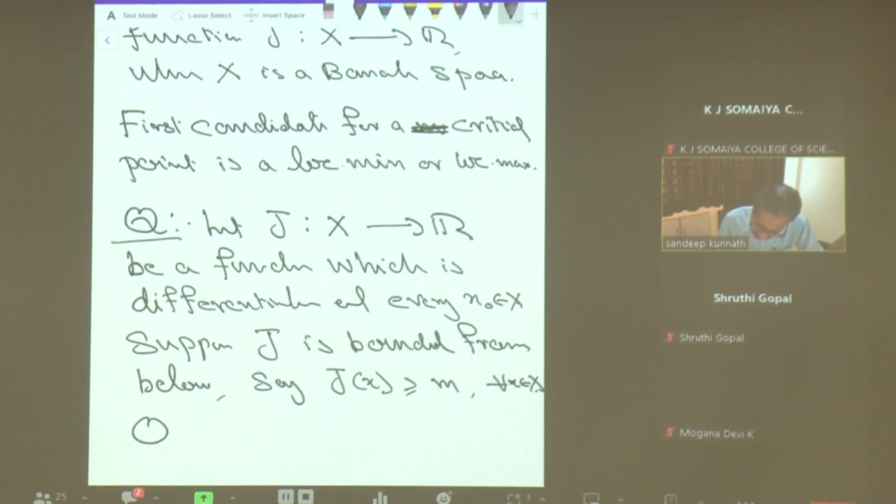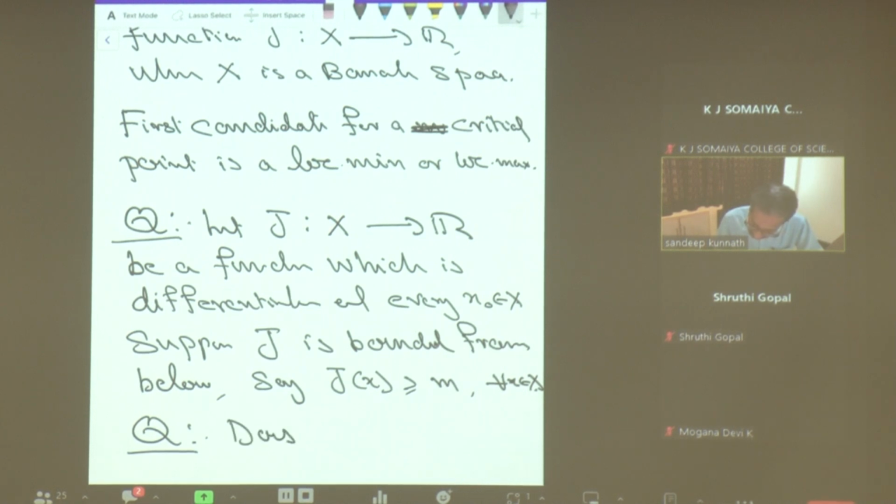So the question is, does J admit its minimum, its infimum?